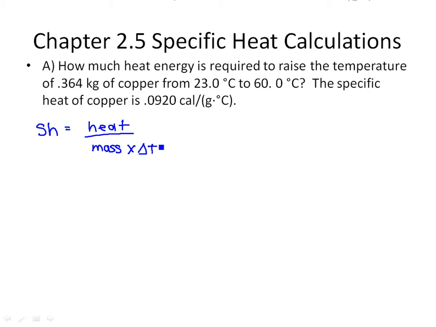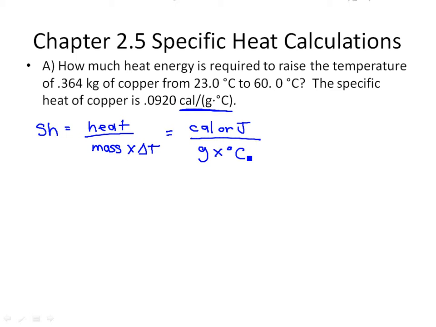Okay, and the units for this, heat can be in calories or joules. In this problem we're in calories, because specific heat is given as calories in this problem. And it's going to be grams times degrees Celsius. So we have to be in Celsius, grams, and either calories or joules.